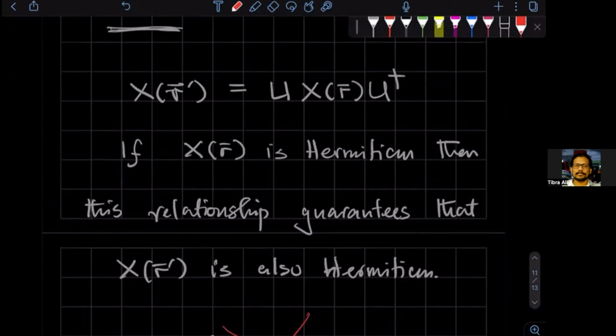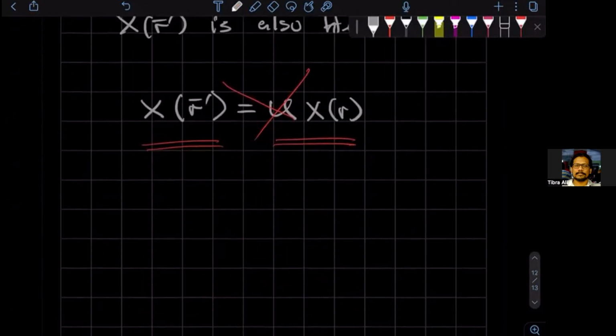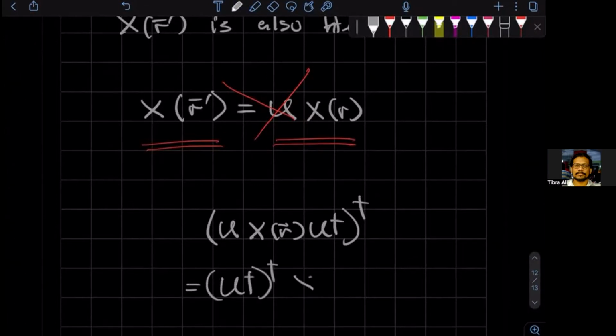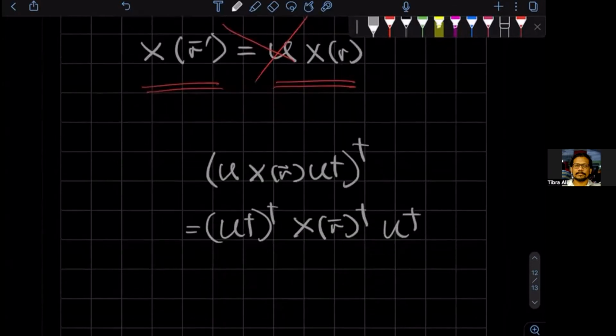Whereas if I take the Hermitian conjugate of U X of R U dagger, I get U dagger dagger, X of R dagger, U dagger, but U dagger dagger is U, so I get U X of R U dagger, which is exactly X of R prime.